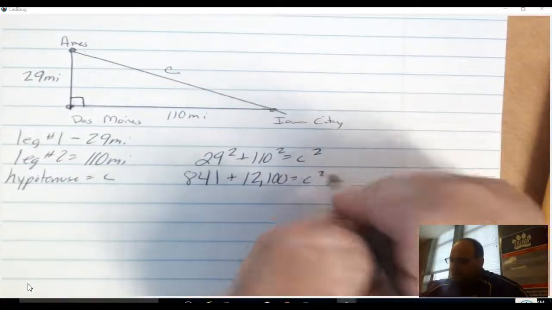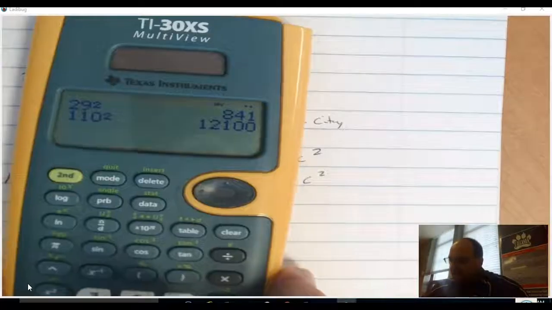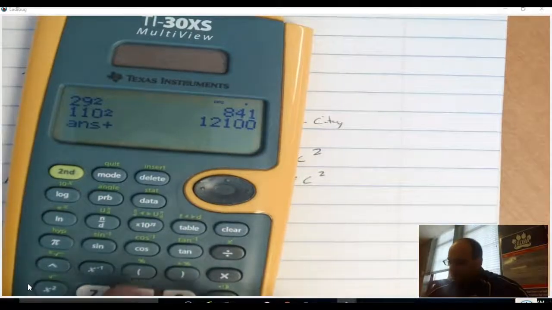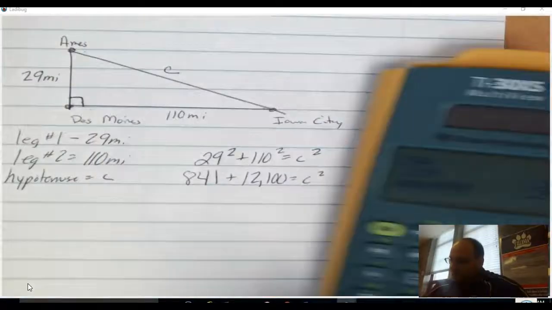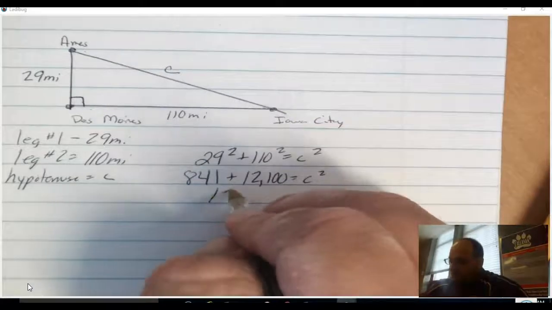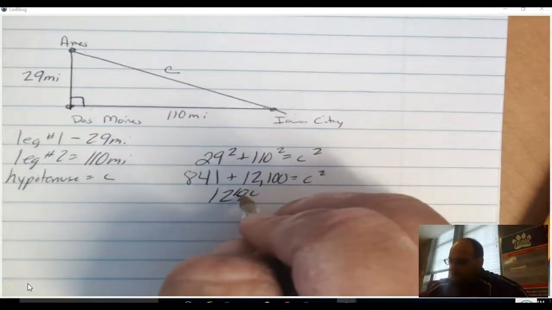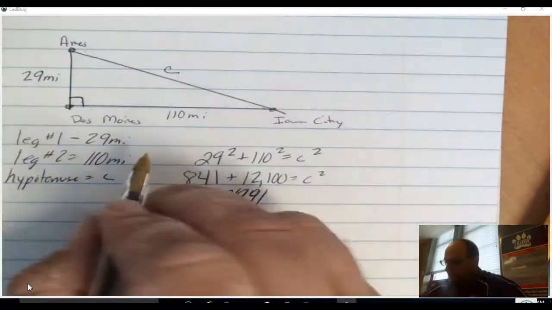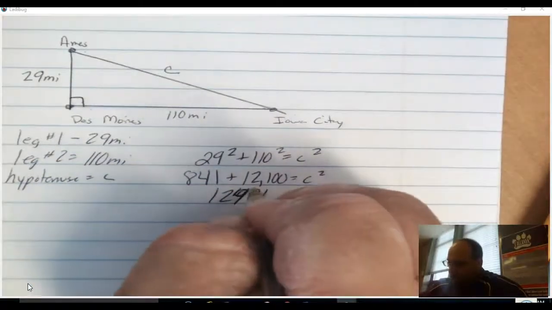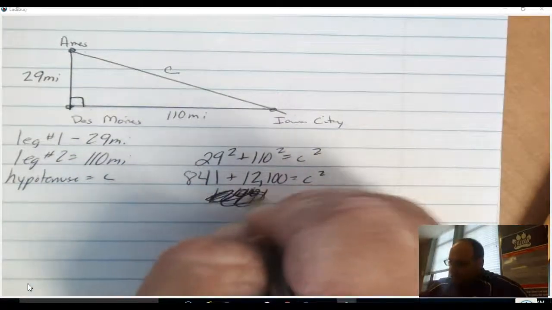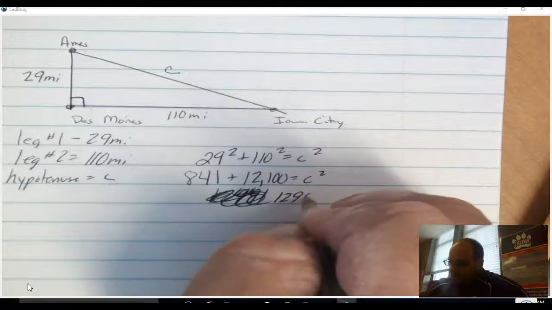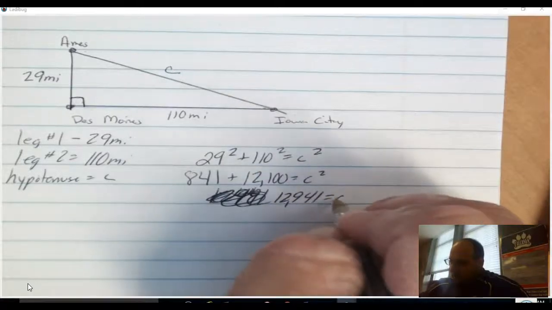That's going to be equal to C squared. I'm going to add 12,100 to 841, and I get 12,941, which is equal to C squared.